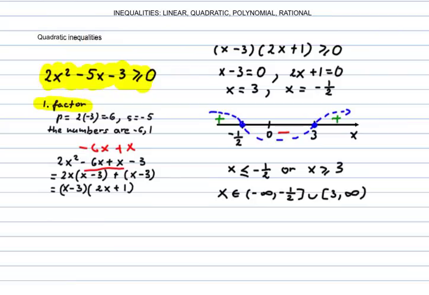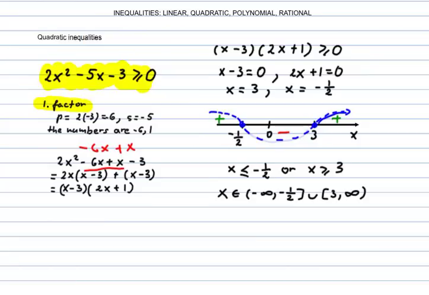Coefficient A is positive, so your graph has to open up. This is the behavior of a second-degree polynomial. So the 0 values are negative 1 over 2 and 3. What you see here on the screen in blue is just a sine wave that represents the values of a function on 3 different intervals.